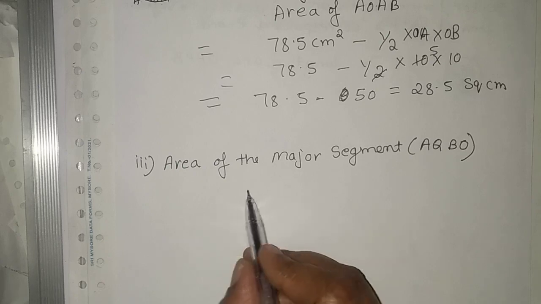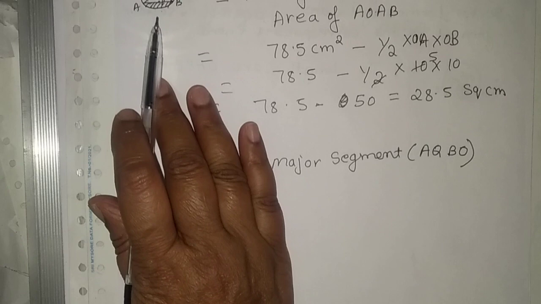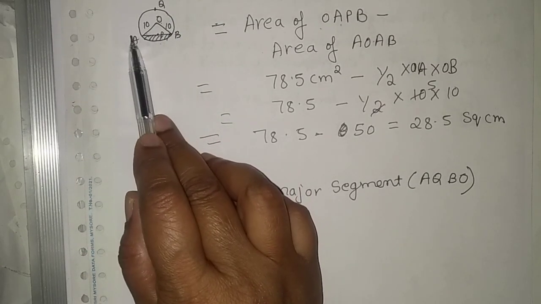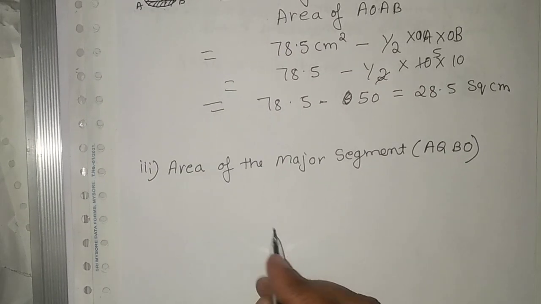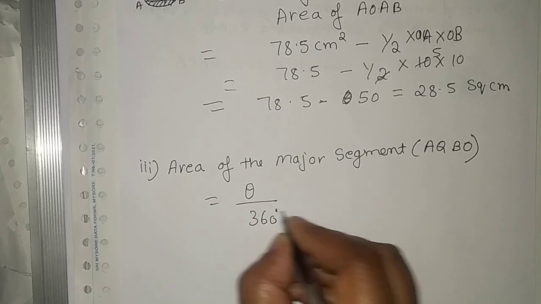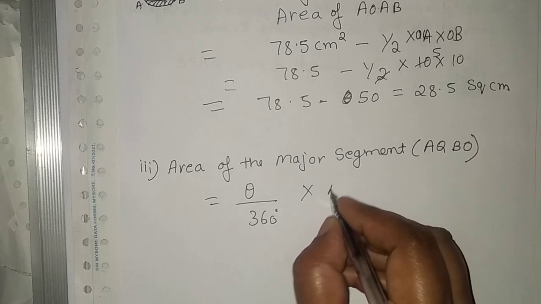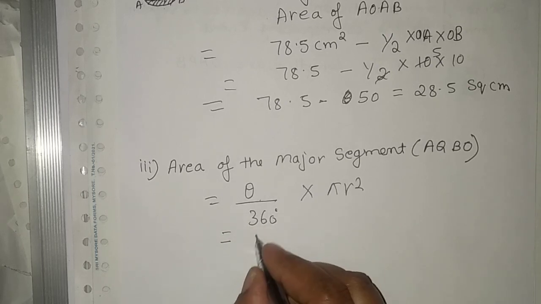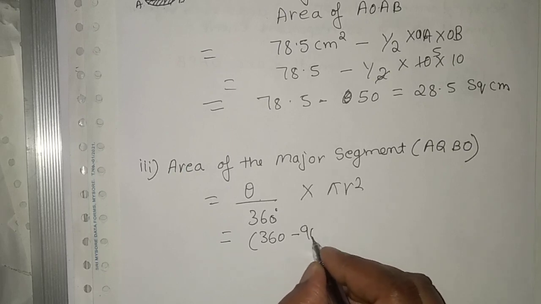After this we move on to the third sub problem, area of the major segment, that is AQBO. The formula for this is theta by 360 degrees into pi r square. What is theta here? Theta we should write as 360 minus 90.